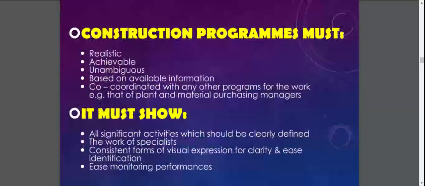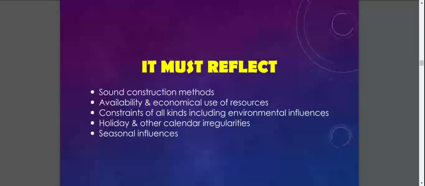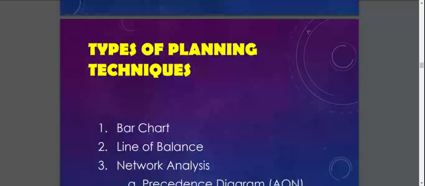It must show all significant activities, which should be clearly defined, work of specialists if it involves any specialists, and consistent forms of visual expression for clarity, ease of identification, and ease of monitoring performance. This one I just skip. You can have a look and read through this slide.